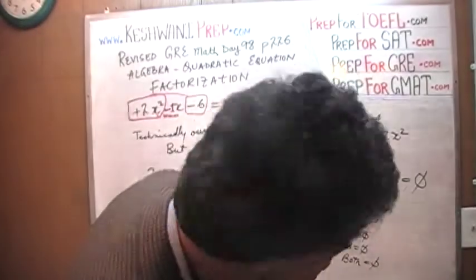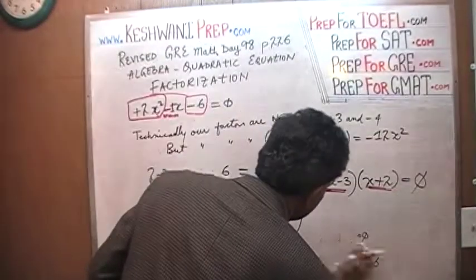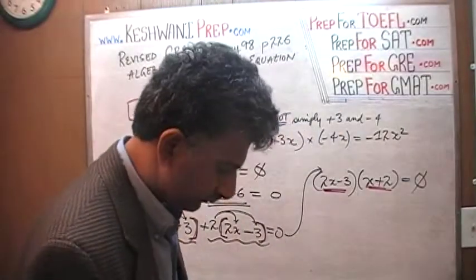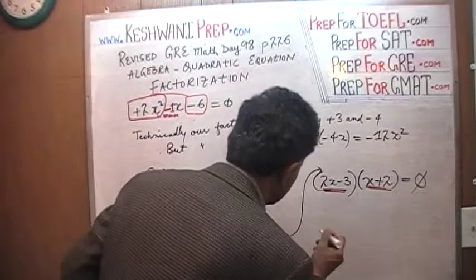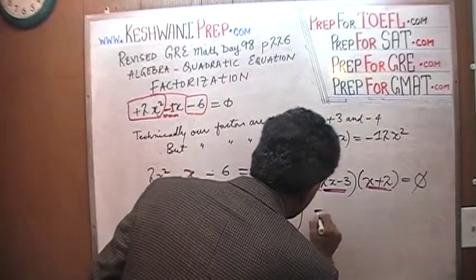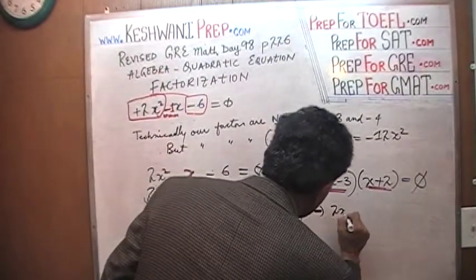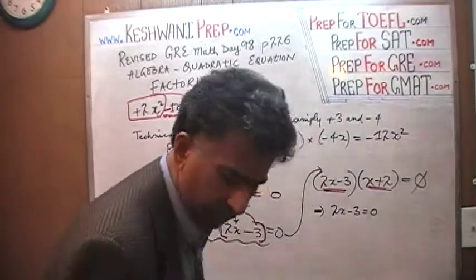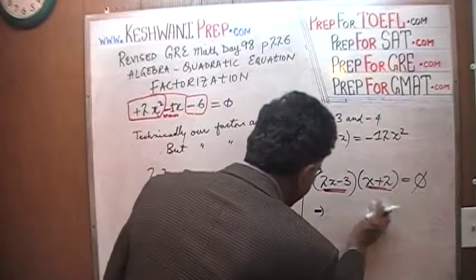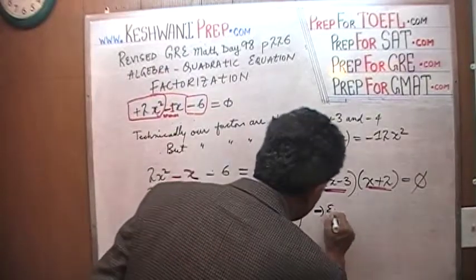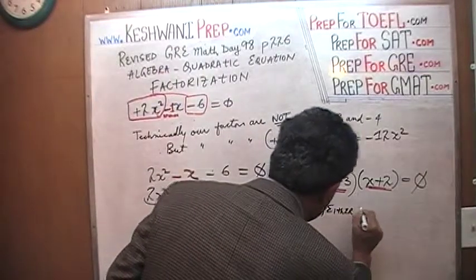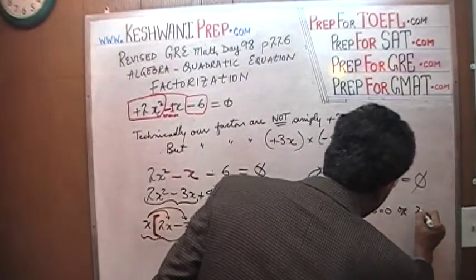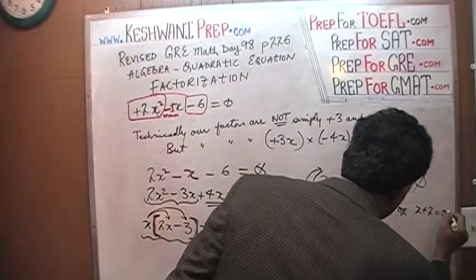Let's find out. This implies that either 2x minus 3 is equal to 0 or x plus 2 is equal to 0.